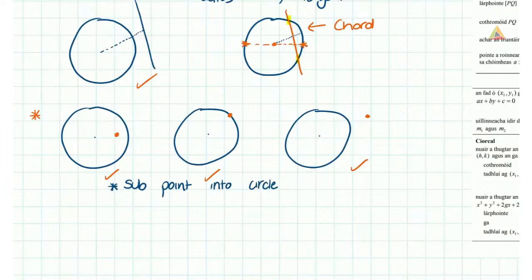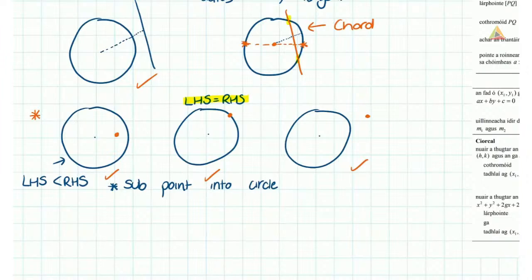If it's this case on the left-hand side, then the left-hand side of the equation, once you've subbed it in, should be less than the right-hand side. If it's this case in the middle, the left-hand side should be equal to the right-hand side. So in other words, the point should satisfy the equation of the circle. And therefore, we can say that the point is on the circle.